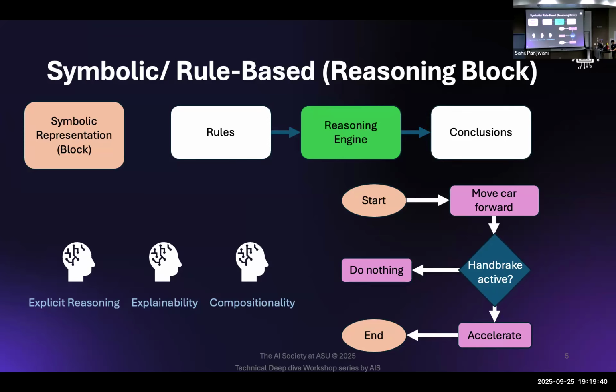And then finally, compositionality. So symbolic AI is naturally good at combining smaller pieces of knowledge and building larger ones and tackling larger complex problems. Because there are very defined blocks like this, you can really accumulate them and tackle a very complex problem.